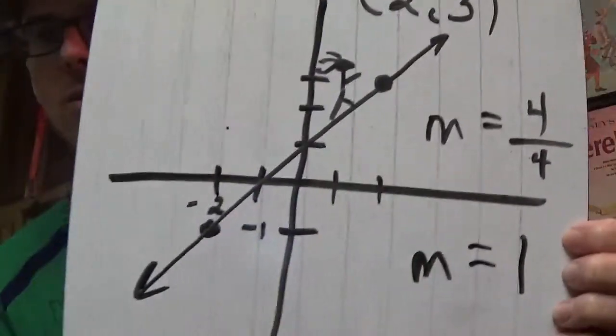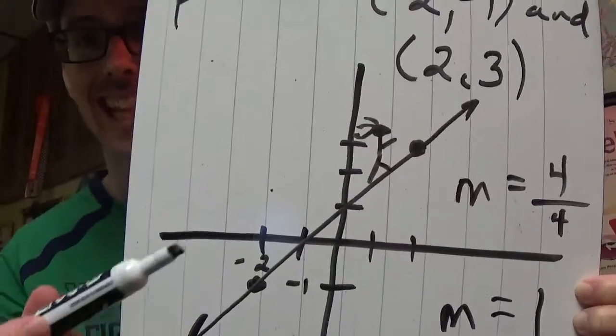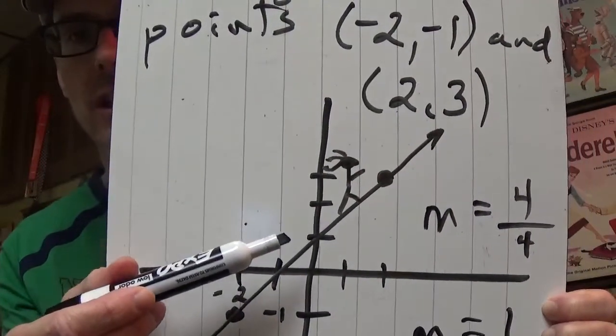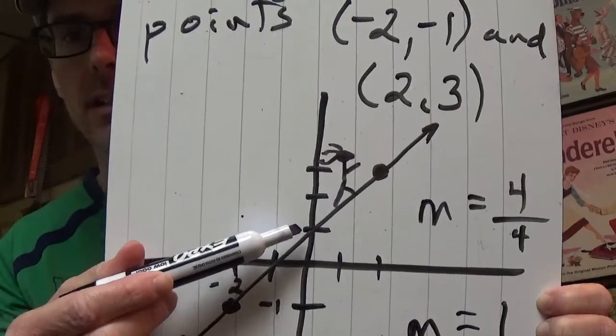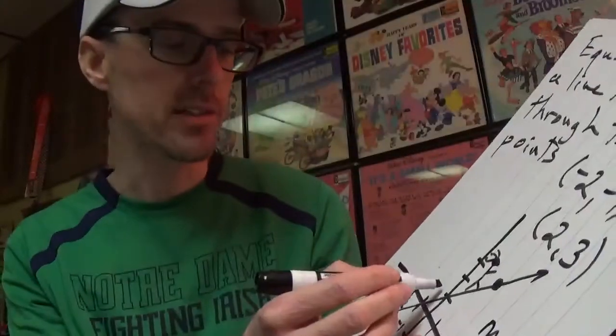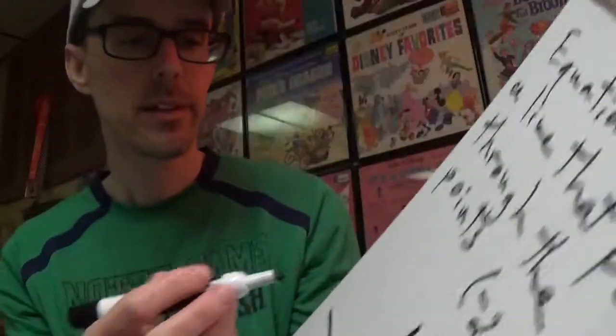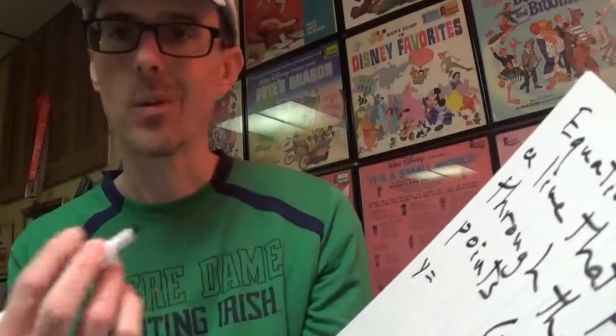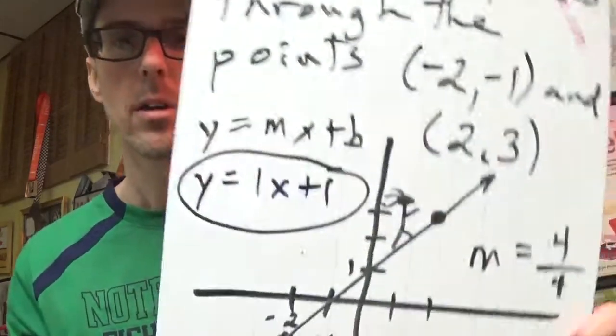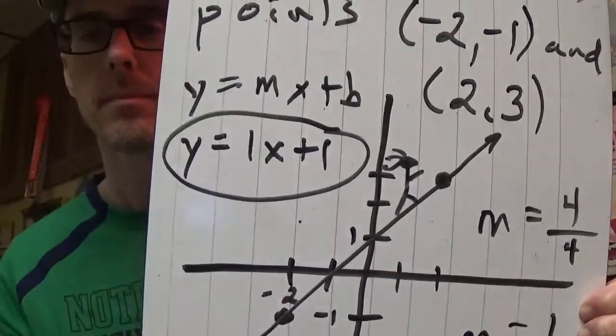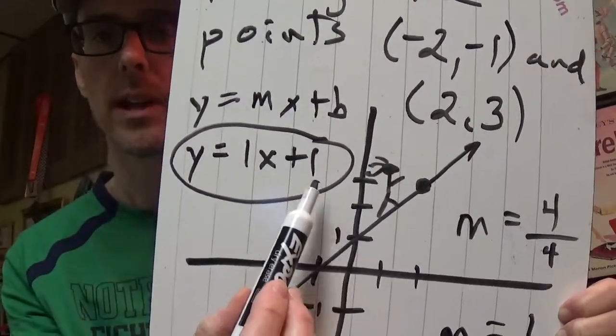So if that's the slope, do I know the y-intercept? Yeah, I think I do, even though I didn't use graph paper. It looks like it crosses the y-axis at 1. So the best I can tell without graph paper, my equation in slope-intercept form would be 1x plus 1. The slope is 1, the y-intercept was 1.